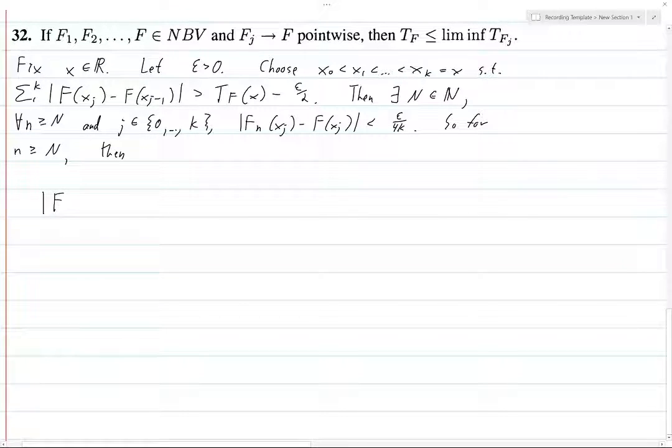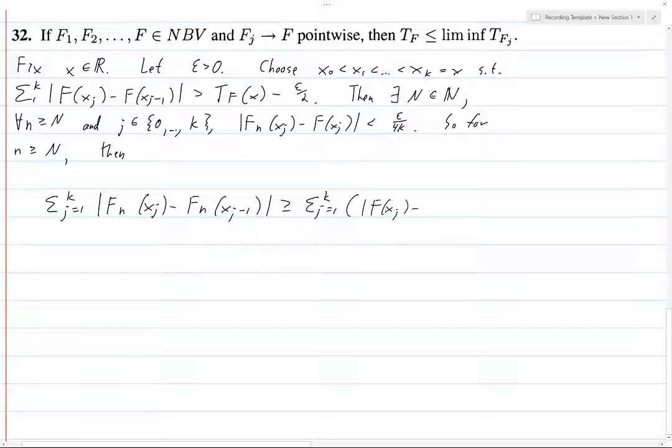So the sum from j equals 1 to k of |fn of xj minus fn of xj minus 1| is greater than or equal to the sum from j equals 1 to k of |f of xj minus f of xj minus 1|, minus |f of xj minus fn of xj|.